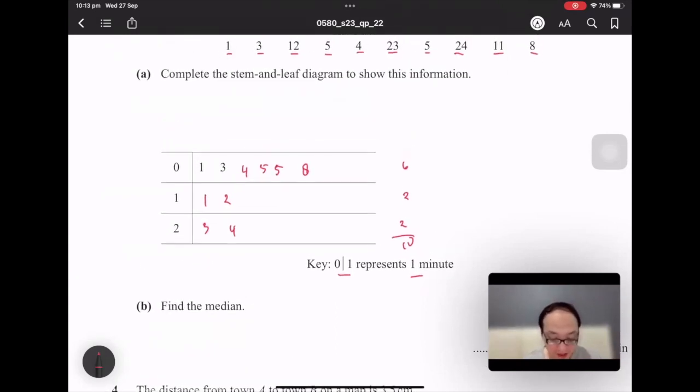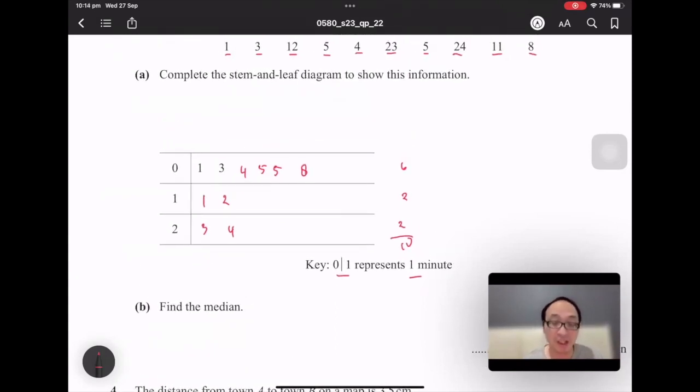And then we have to find the median. The median is the middle term, or we can say this is 50% for continuous data. Because we have 10 data, the median will divide the terms into 5 and 5. So the median will be data number 5 and data number 6.